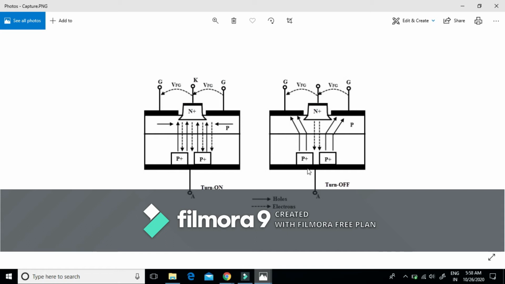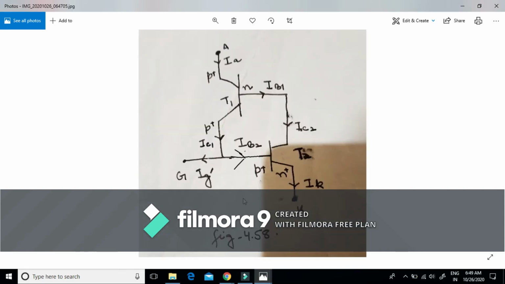The voltage drop across the P base junction reverse biases the gate cathode junction, and hence the GTO is turned off. To explain the turn off mechanism by the two transistor model analogy, let's consider this figure 4.58.